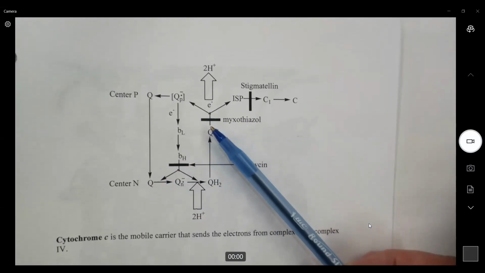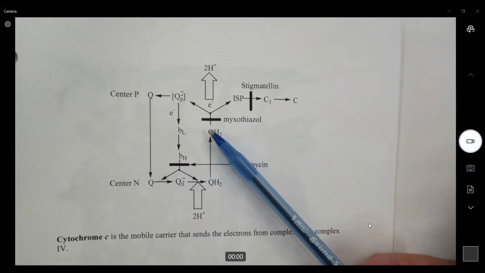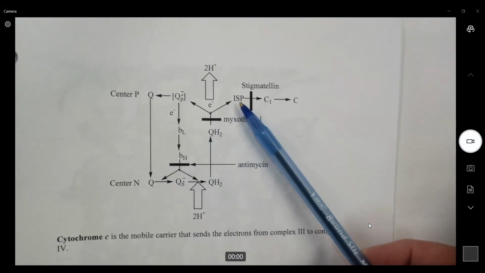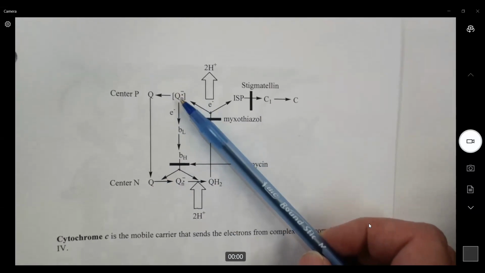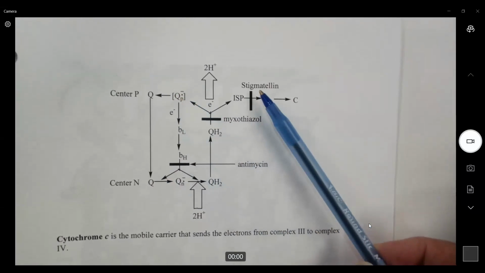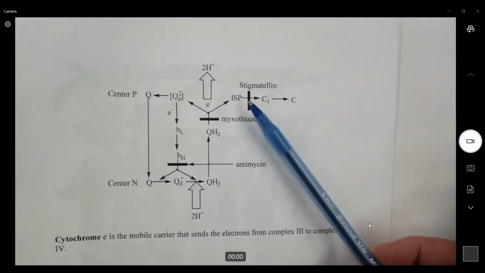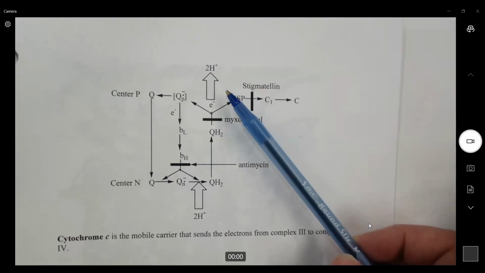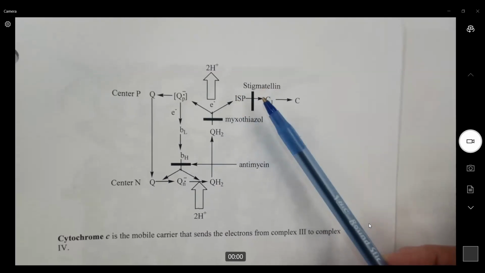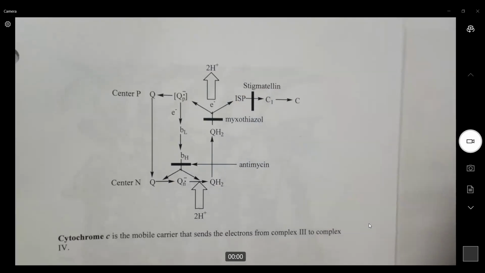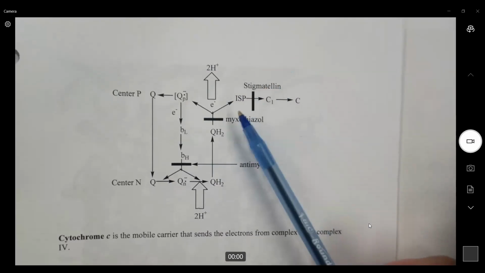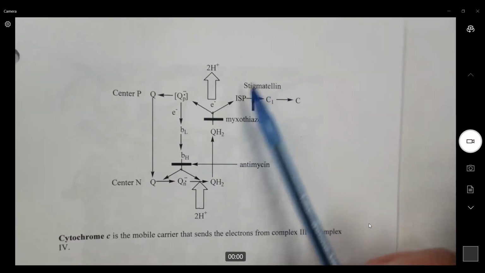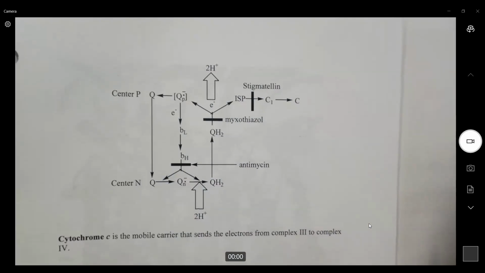Myxothiazol prevents the transfer of electrons from ubiquinol to the Rieske iron sulfur protein, or the P position ubiquinone. And then stigmatellin prevents transfer of electrons from the iron sulfur protein to the C-type cytochrome, and then ultimately to cytochrome C as well. So these three different inhibitors inhibit complex 3.